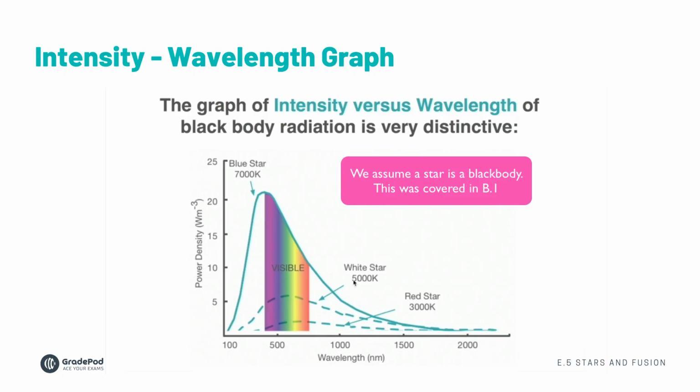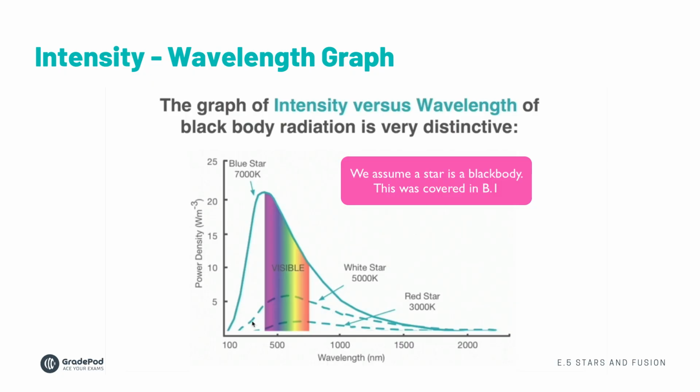Let's have a look at this white star, which is about 5,000 Kelvin, which is not far off the temperature of our star. Our star emits visible light. It also emits some ultraviolet, because that's what gives us sunburn, we know that. And it emits some infrared radiation, because that keeps us warm.